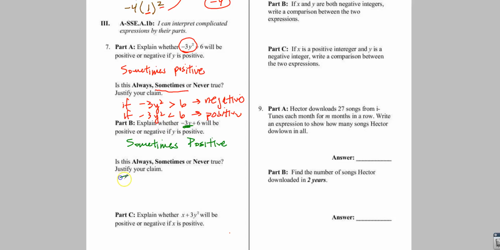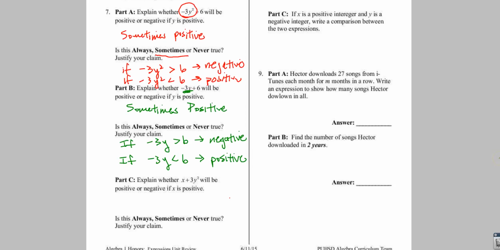So again, if negative 3y is greater than 6, we'll have a negative value. If negative 3y is less than 6, we'll have a positive value.